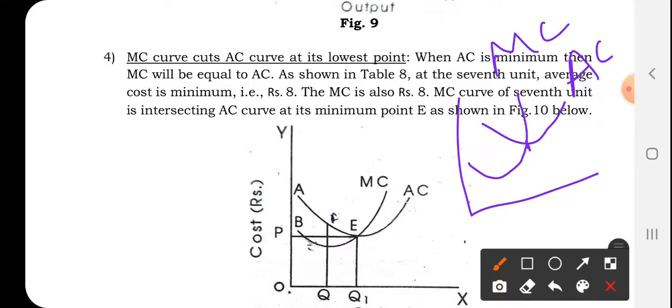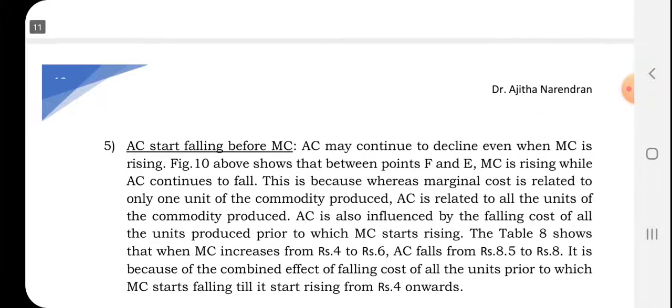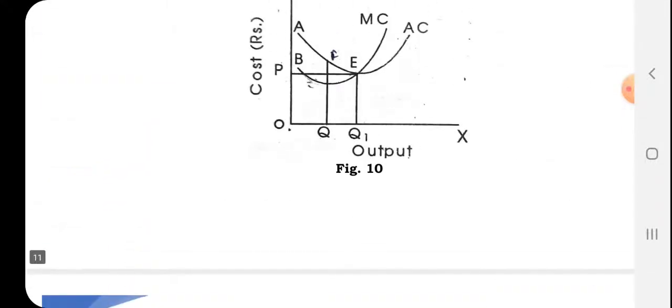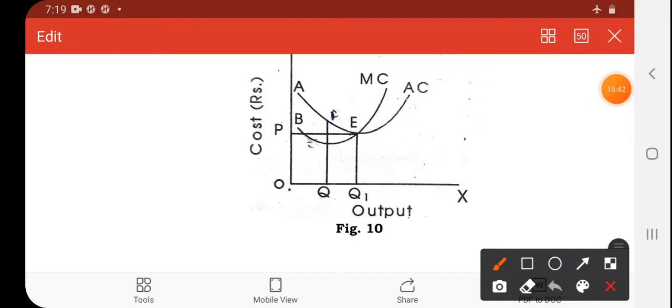After reaching this point the marginal cost starts increasing, but at this point the average cost is still decreasing. Only after the point where marginal cost and average cost become equal does the average cost start increasing.